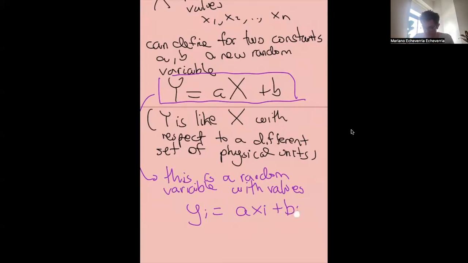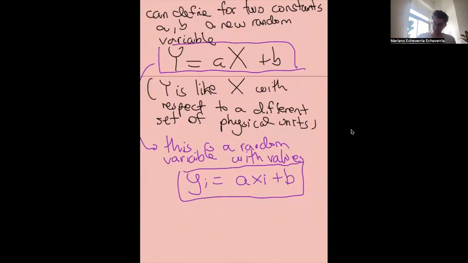Sorry, b is a constant, so it only depends on i. So it's very easy to go from the x values to the y values because it's a linear function. But it's useful to see the effect on the actual values for the expected value and the variance.